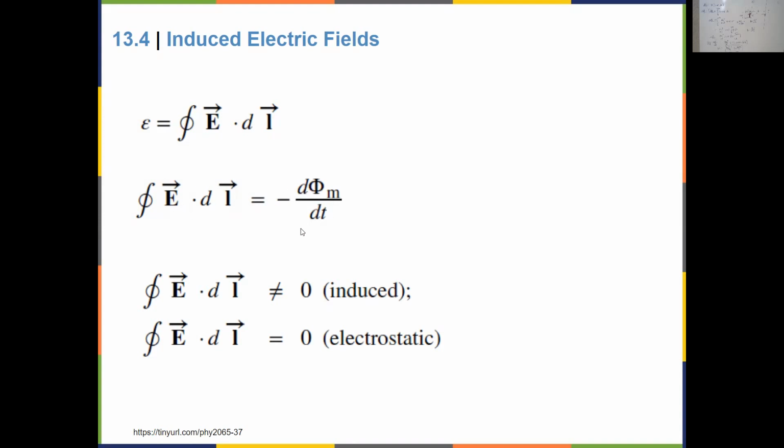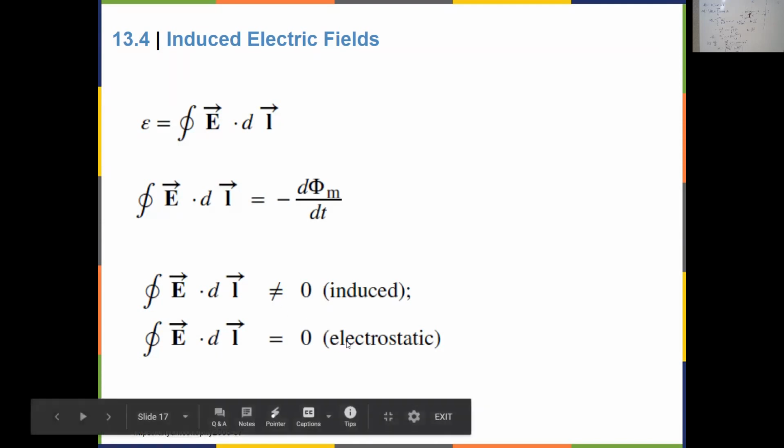Now this equation applies to two scenarios. When you have induced EMF, then this is not equal to 0. If you don't have induced EMF, if this is just pure electrostatic, then if you integrate through the whole circle, a closed path, it's going to be equal to 0. This is what we see when we apply the loop rule of Kirchhoff's rules.